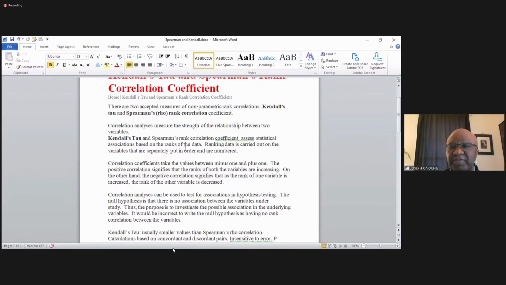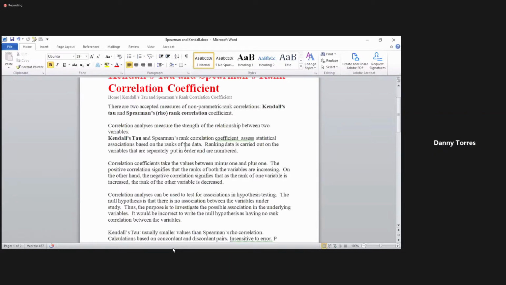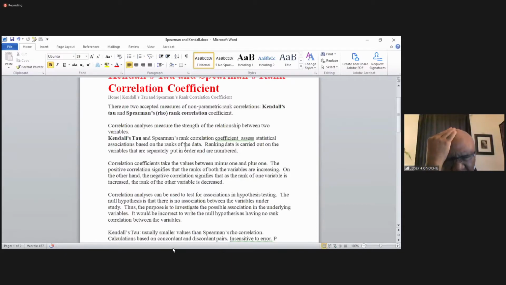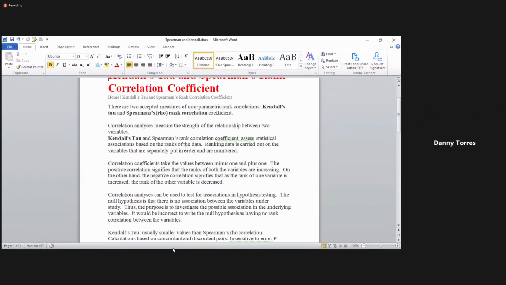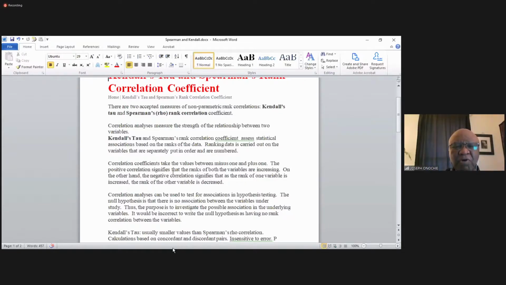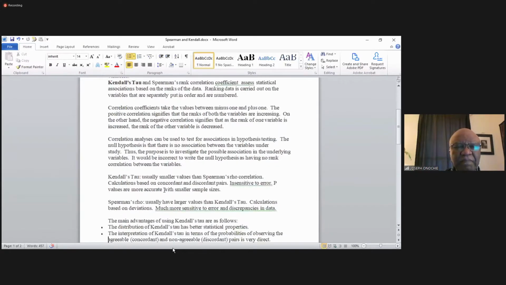Danny, you have your hand raised. Professor, when we're describing and comparing each of the correlations, are we describing it to, say, a statistician or econometrician, or no? You use this Word file, okay? Because I have included a comparison of the numbers.